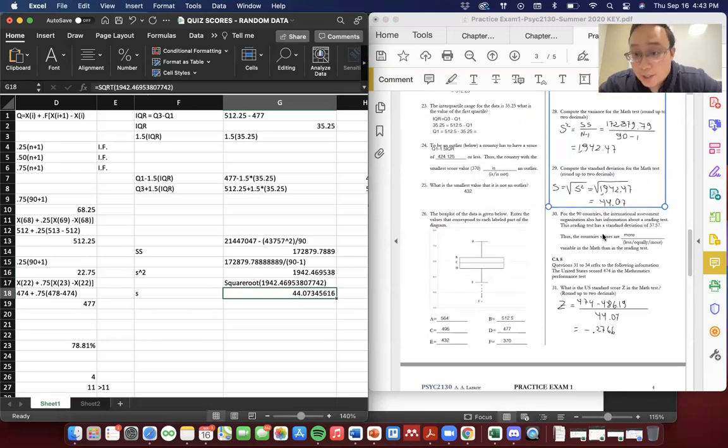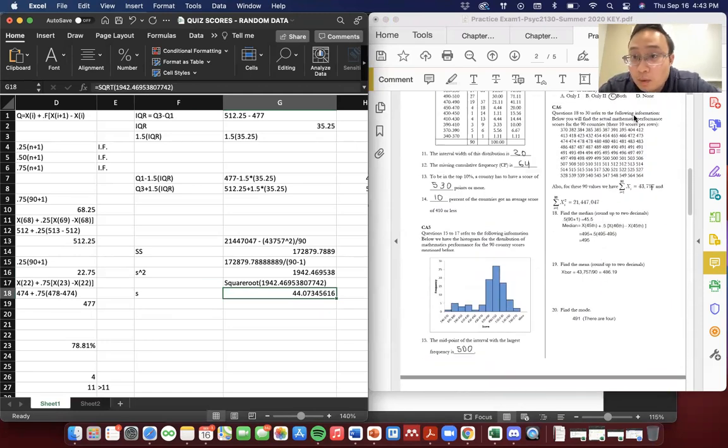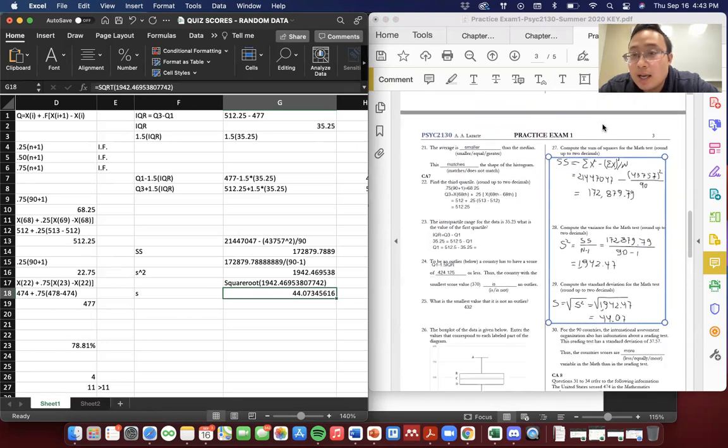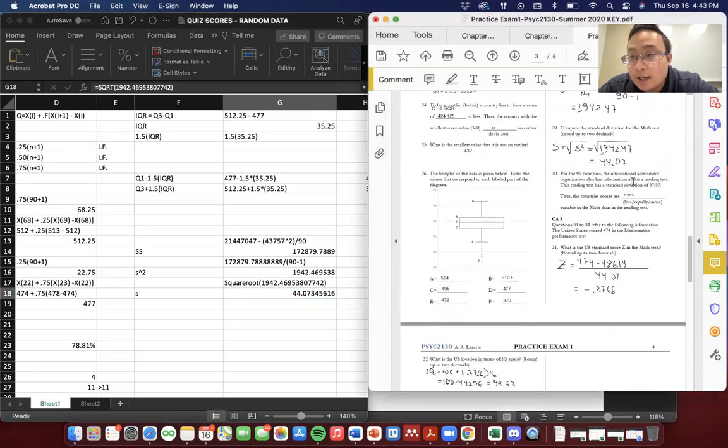So all these scores were about mathematics performance of 90 countries. At this point, they try to, I guess, throw a curveball and say, oh, guess what? There's also reading scores. And an organization did the same thing you just did and found that the standard deviation for those reading scores is 37.57.